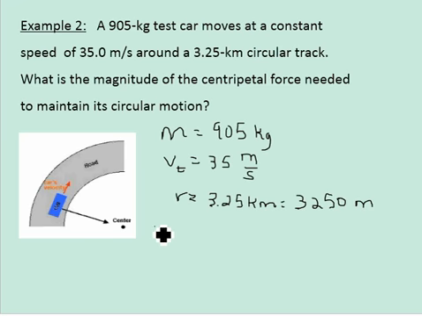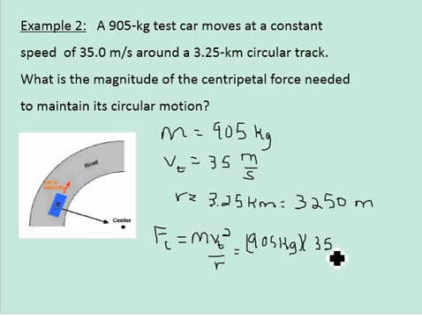All right, our centripetal force. I don't have the value of centripetal acceleration, but I do have linear speed and the radius. So I'm going to use the substituted equation right out at the beginning of my solution. So I'm going to take my mass, 905 kilograms, times my linear speed squared.